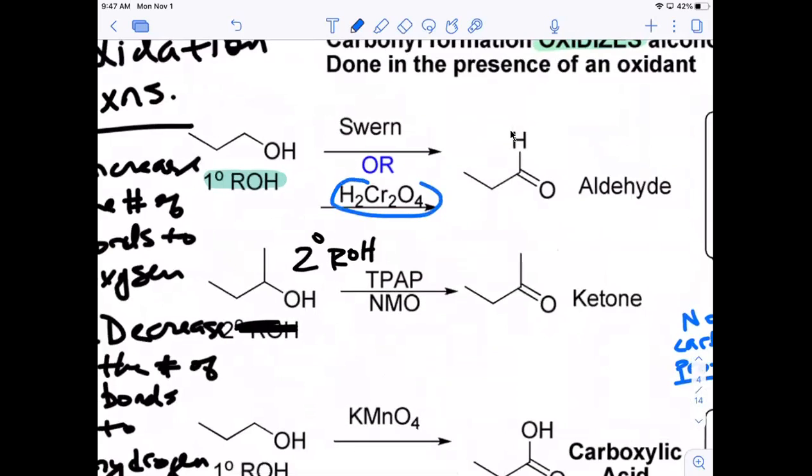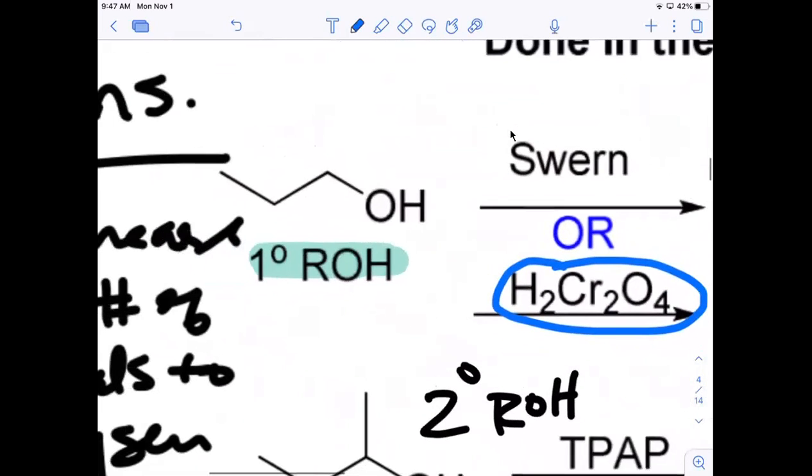to use chromic acid, right? So if you see chromic acid in the presence of a primary alcohol, it's understood what's getting ready to happen. That is going to get converted into an aldehyde, right? I'm going to put a double bond right here.